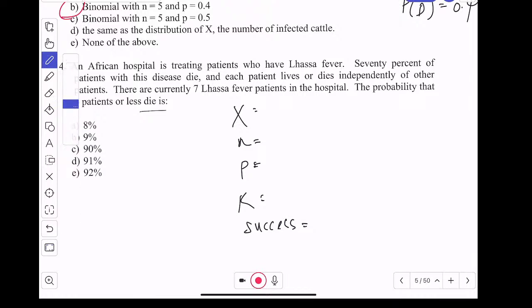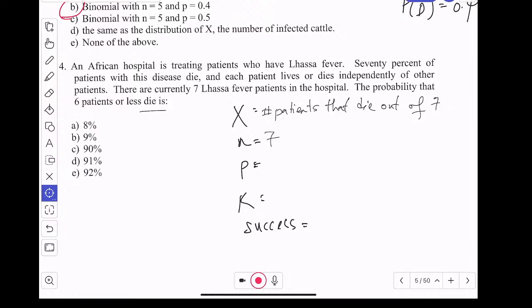So what I'm going to get is the number of patients that die out of the total. So there's 7. So whatever I write here, I put it here. And X can be 0, 1, 2, 3, up to 7.